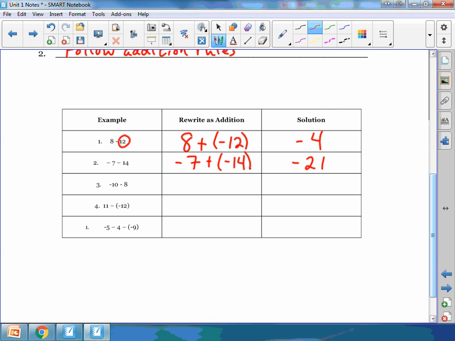How about number 3? Misty. Good. What's that equal, Misty? All right. Number 4. Convert this to addition. Go ahead, Dave.